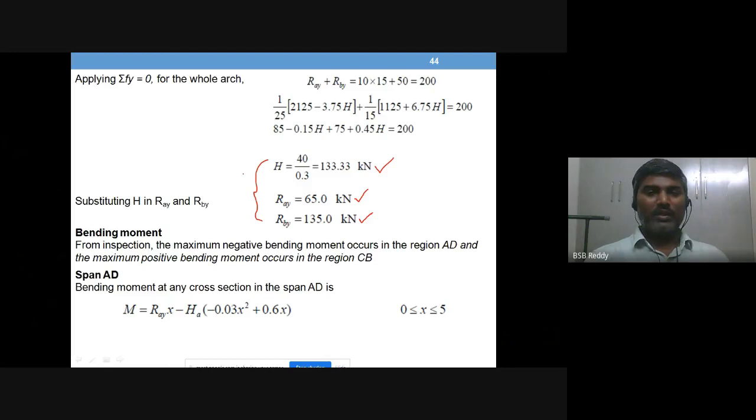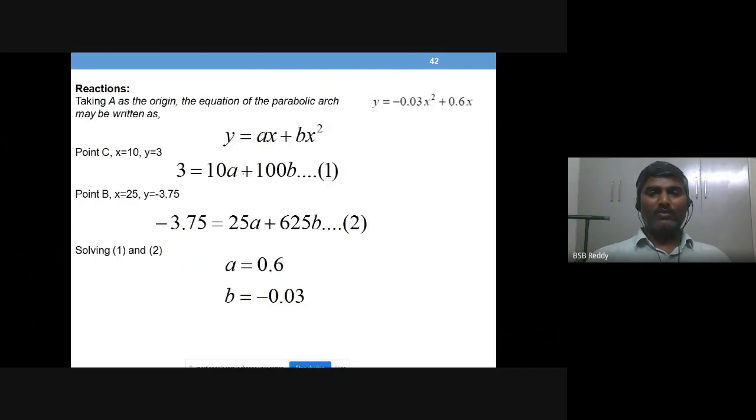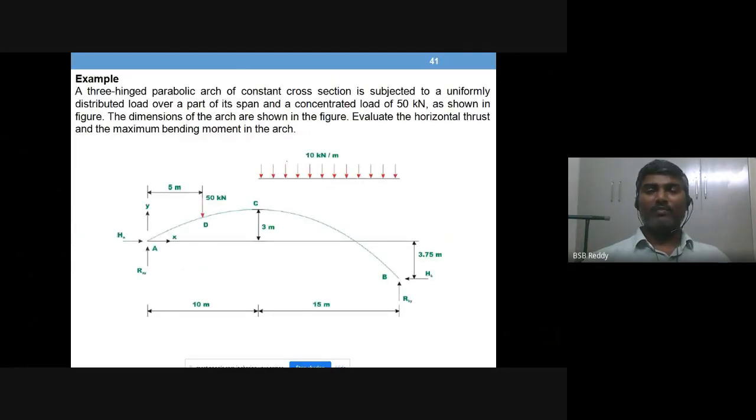Now let us see the remaining part of the question, how to find the maximum bending moment in the arch. Even prior to solving for where the maximum bending moment occurs, by logic you can assess it, or otherwise you can even prove how your logic is going to be correct.